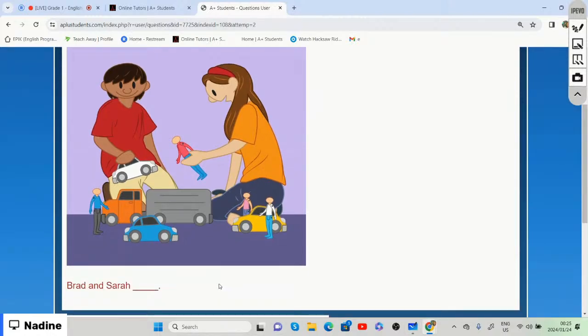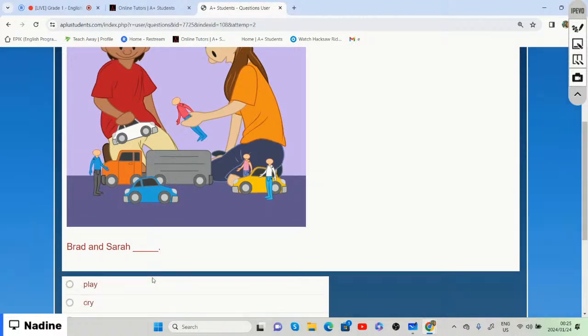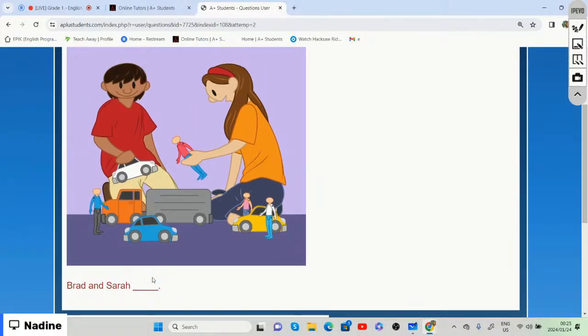All right. So now if we look at what Sarah and Brad are doing, there we see toys, we see little dolls.